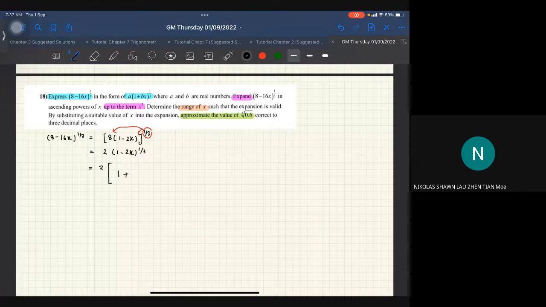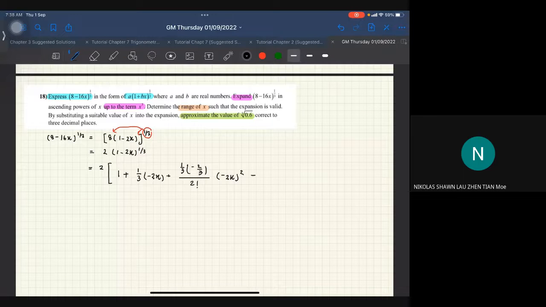Okay, and then kita ambil n kita, we get 1 over 3 multiply with our ax which is negative 2x. Okay, so tambah lagi. Right, so sekarang power saya dah kurang 1. So I have 1 over 3 times negative 2 over 3, over 2 factorial darabkan dengan negative 2x kuasa 2.